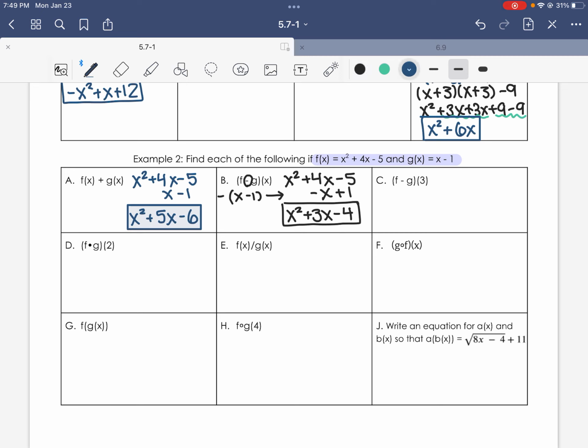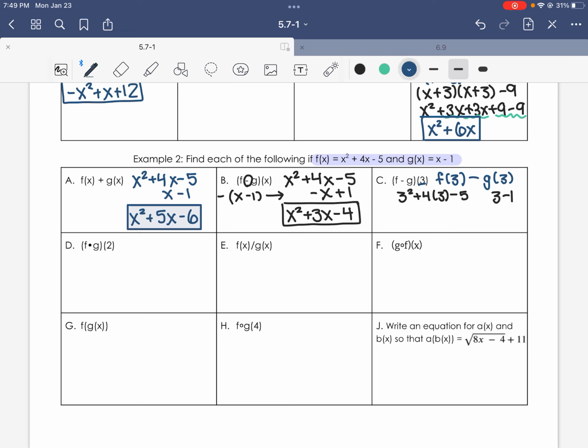Something new about part C is that it tells you that x is 3. What that means is I'm going to find f of 3 and g of 3 and just subtract them. So I'm going to plug 3 in for f of x and 3 in for g of x, which is going to be 3 squared plus 4 times 3 minus 5, and then 3 minus 1 for g of x.